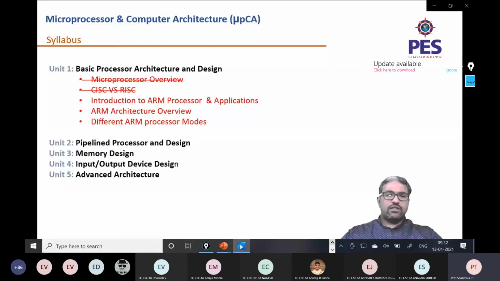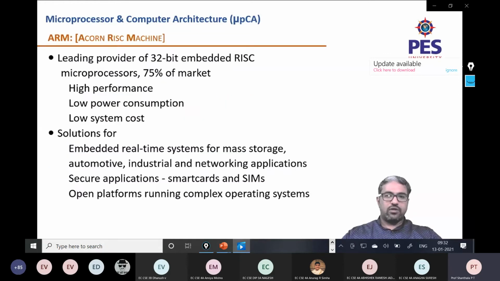Then we'll try to understand the different modes at which the ARM processor works before going in depth into the architecture part of the ARM processor. So what is an ARM processor?